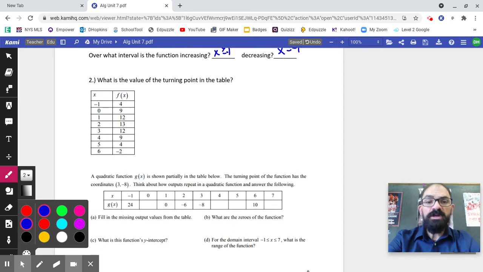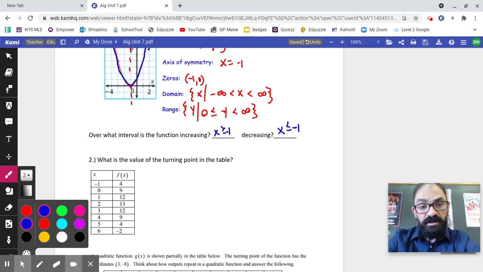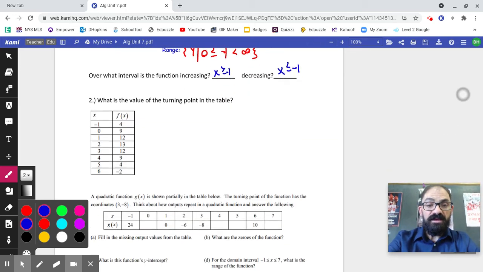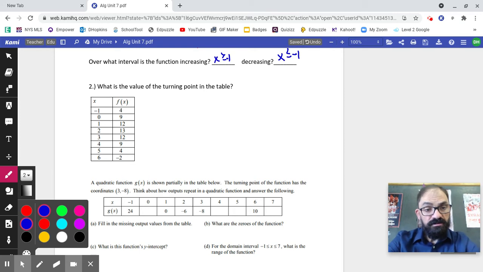Number 2, what is the value of the turning point in the table? Well, the turning point, remember, is right here. So the y values are always the same on either side of it. So having said that, we're looking for a point where it goes down the same amount on each side.